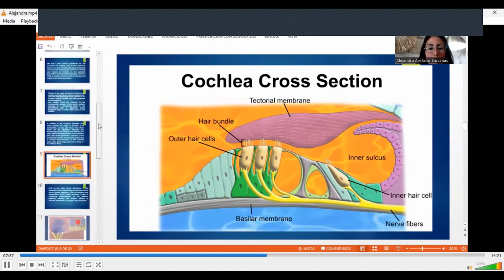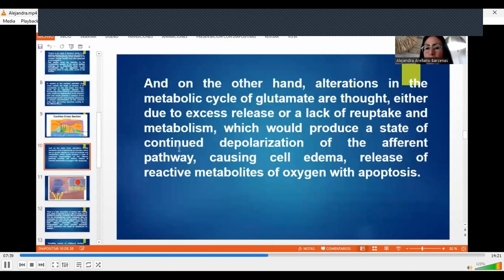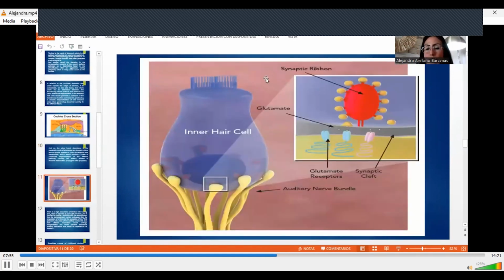And we have another important theory. This theory talks about alterations of the metabolic cycle of glutamate. And I'm going to show you the picture to explain this theory. We are talking about an alteration that happens in the synaptic ribbon. We can remember that this kind of synapse is very fast, and it is present in the eye, in the ear, and in the vestibular system.